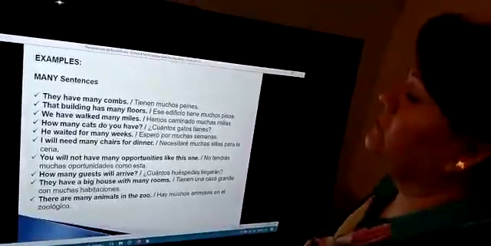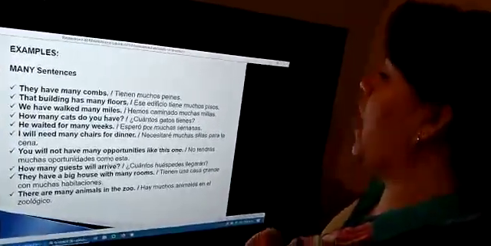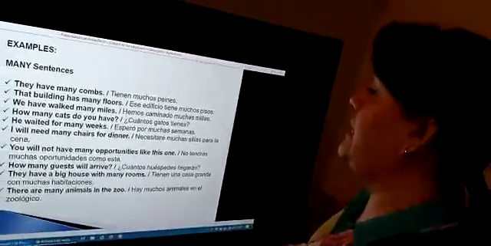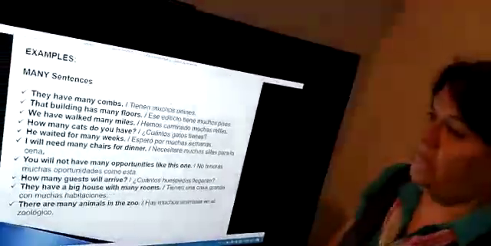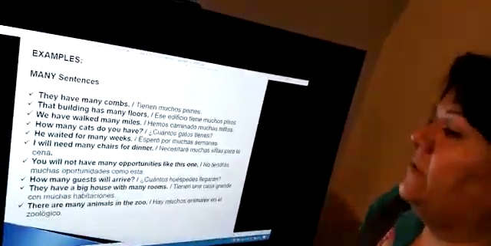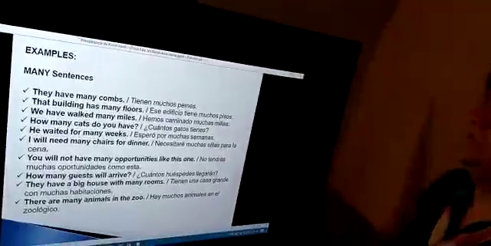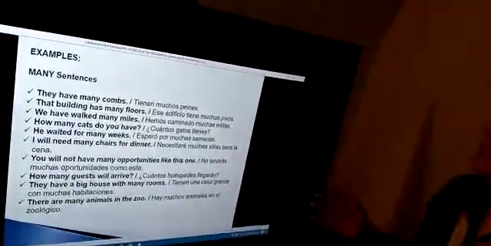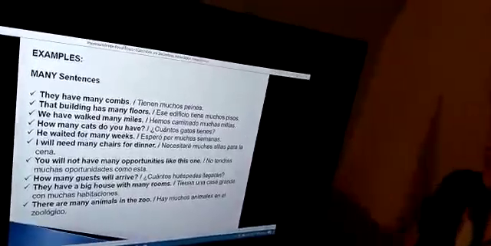The next question is, how many cats do you have? In Spanish say, ¿cuántos gatos tienes? Okay. The next example is, we waited for many weeks. Okay. In Spanish say, espero por muchas semanas.